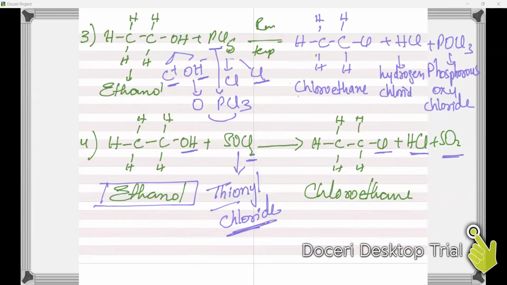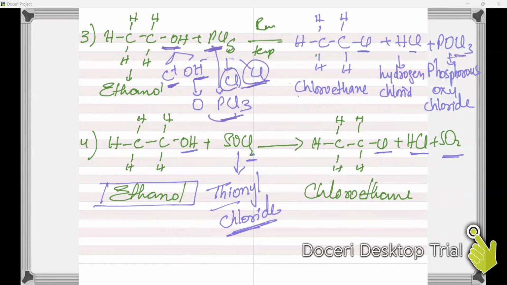Okay, now in PCl5, the scenario will remain the same, that carbon plus and hydroxide negative ion. However, in this case, PCl3 will be separated and two chlorines will be detached. Out of this, one is going to be attached over here. The other is going to attach with the hydrogen and form hydrogen chloride.